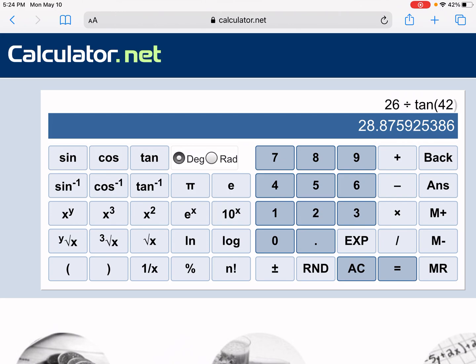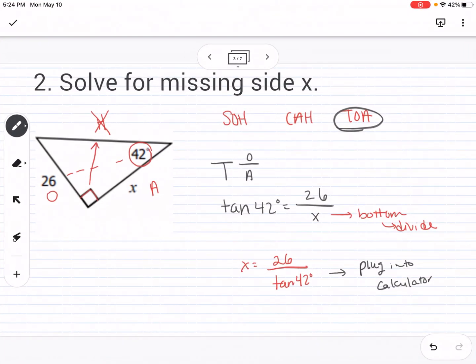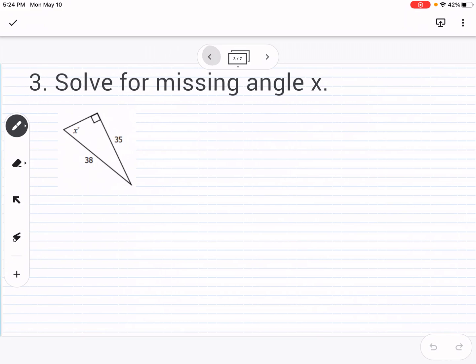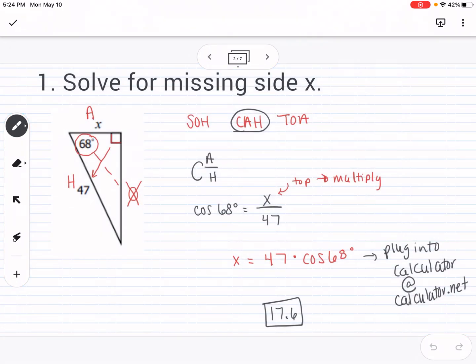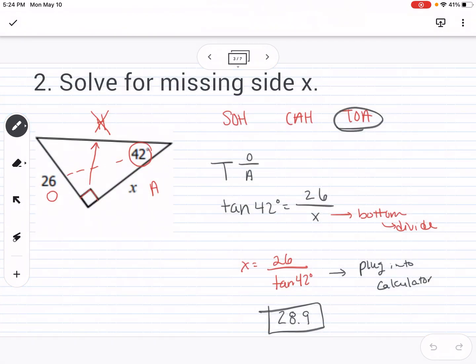That comes out to about 28.9. That would be the missing side that the X was on. So just to summarize, the steps are always the same. It's just the last step that's different. When you set up your trig ratio, if X is on top, you multiply. If X is on the bottom, you divide.